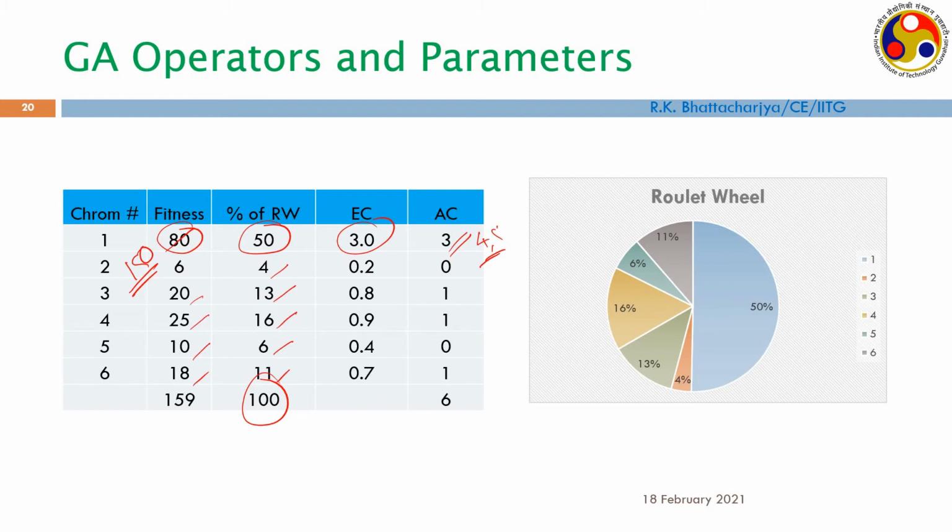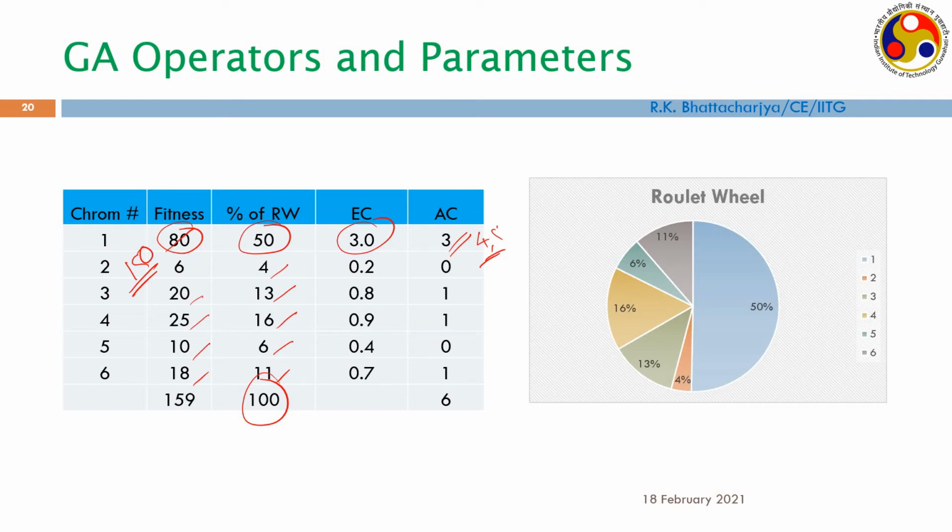Therefore, sometimes if you get a very high fitness in a particular solution, then in proportionate selection that particular solution will dominate the population. Out of 6, a particular solution will have 4 copies or 3 copies, and that is not a healthy situation.